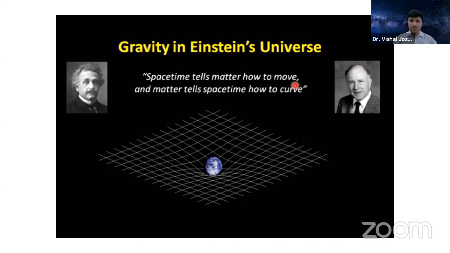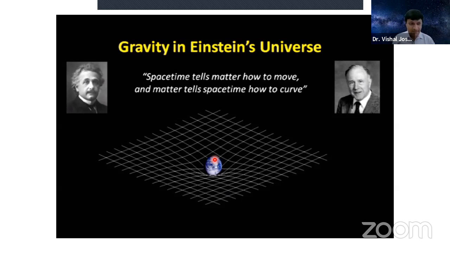Yes, so Newton said that gravitation was instantaneous. That means the effect of gravity moves instantaneously. But it was Einstein who explained that no, even gravity, the gravitational information, the effect of gravitation also moves with the speed of light.